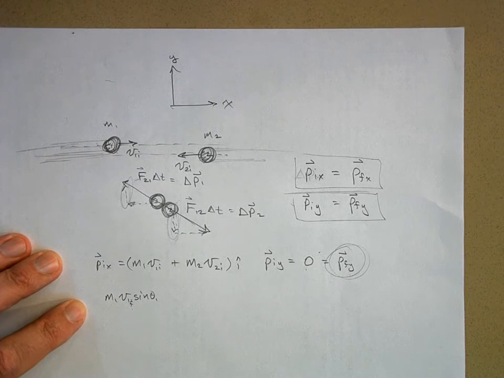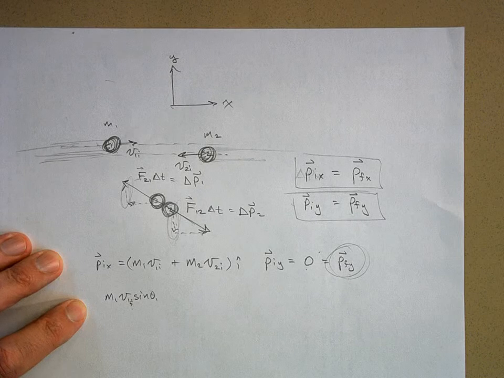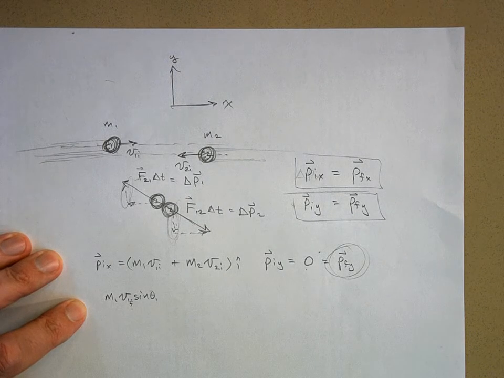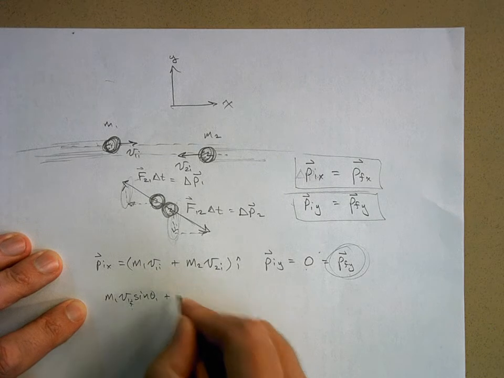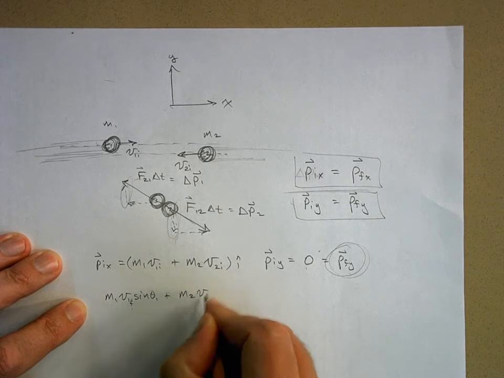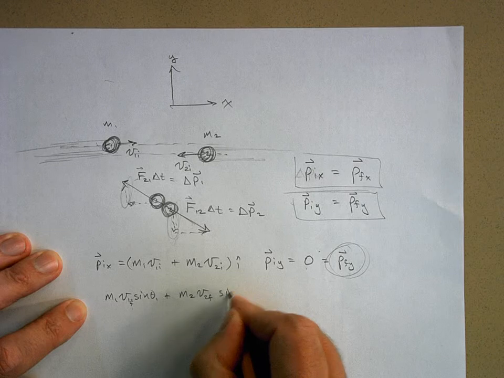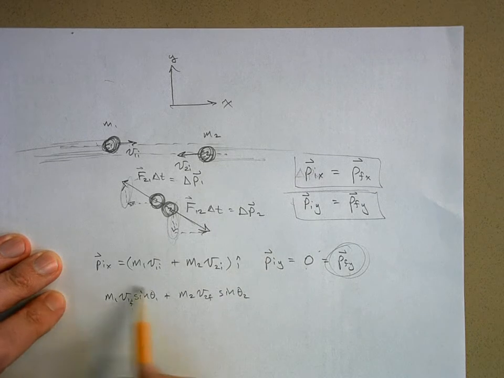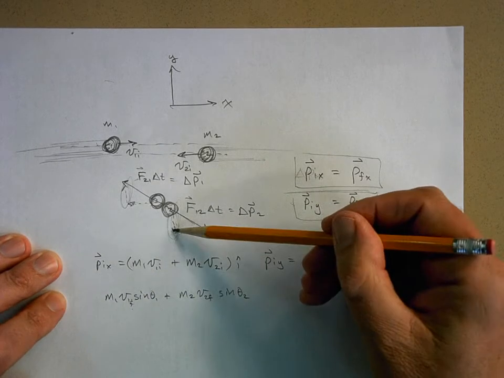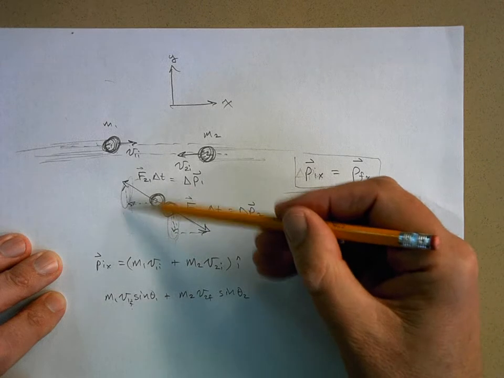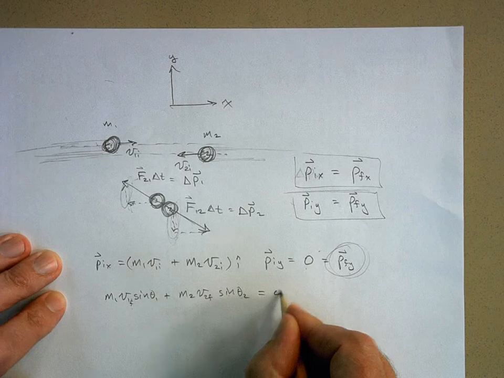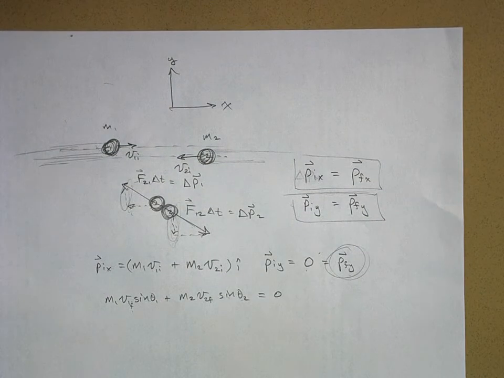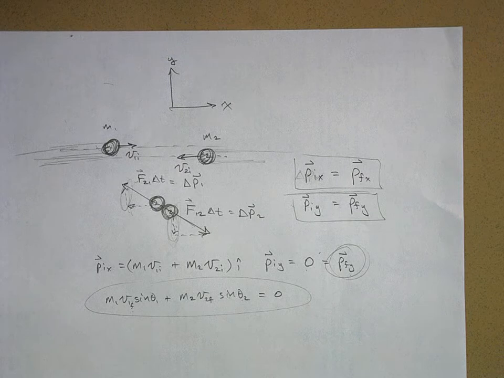You have initial and final, you have object 1 and object 2 to keep track of. So you have to use a lot of subscripts. Plus M2 V2 final times sine theta 2. This is the momentum of this, and this is the momentum of this. It has to equal 0. This gives me an equation where I can solve problems.